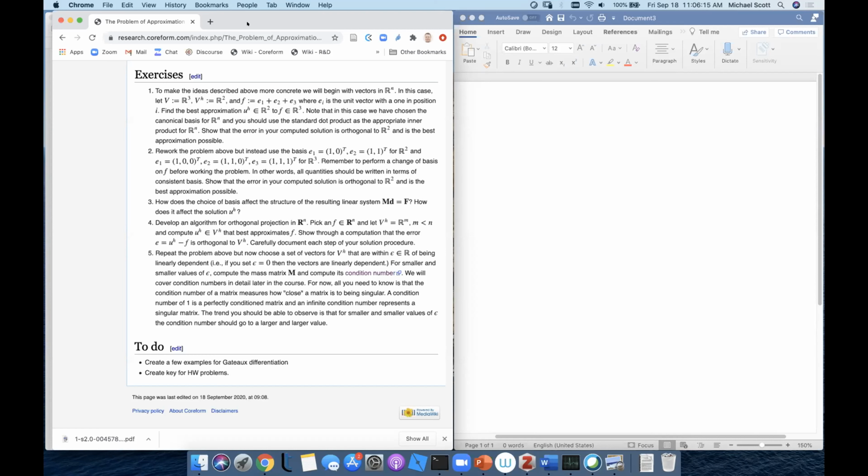Okay. And then just a clarification question on 5. We have this epsilon, which is within one-dimensional real numbers. Is that correct? Am I reading that right?